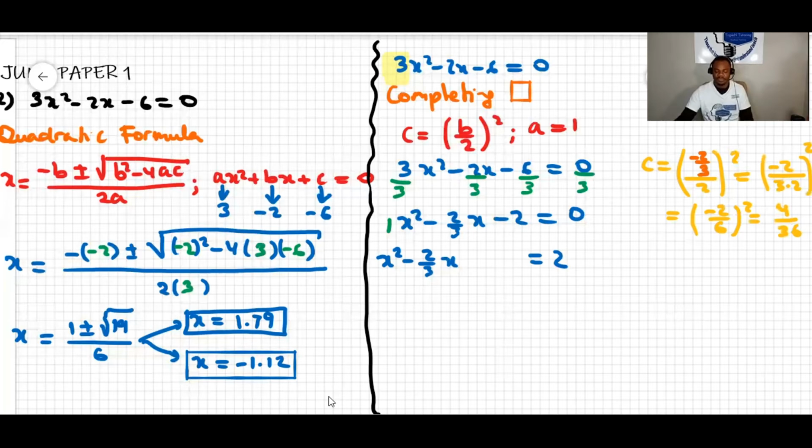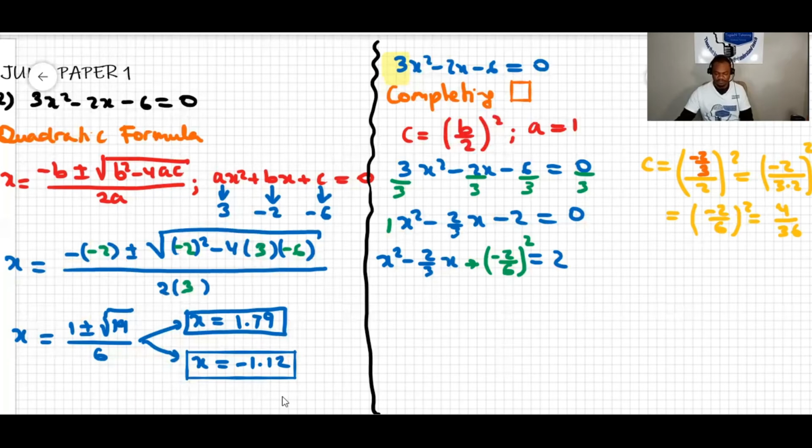Okay, then what we do is add this value over here. I'm going to add negative 2 over 6 to the power of 2. Or maybe I should simplify it before.